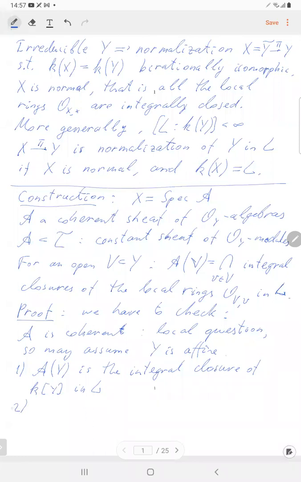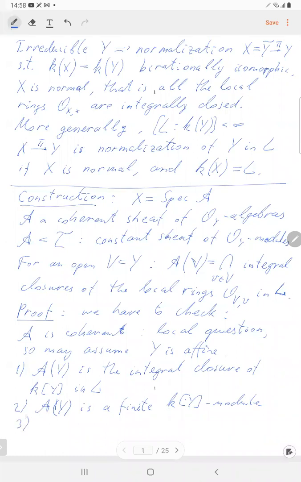Second, we have to check that this ring of sections is a finite ring, finite module over the ring of functions on Y, or finite type module.